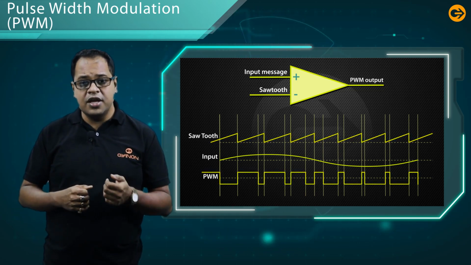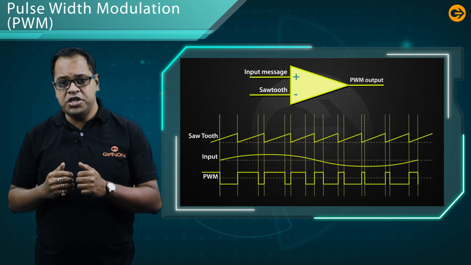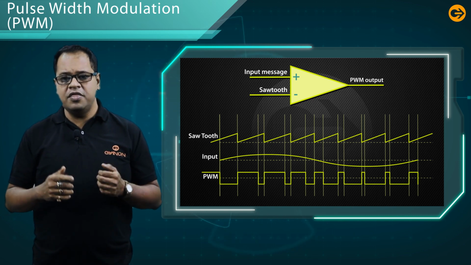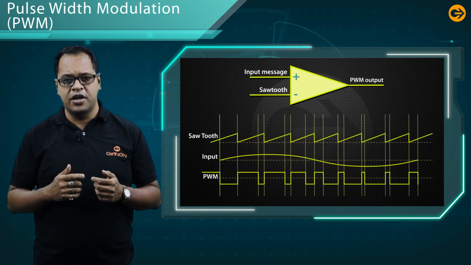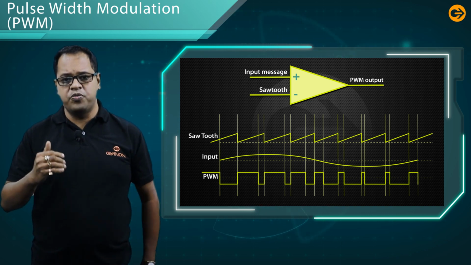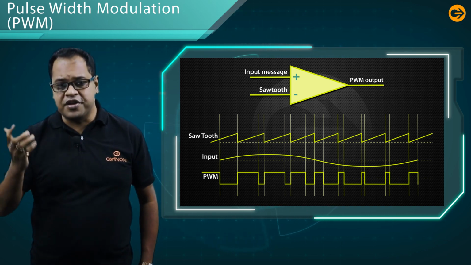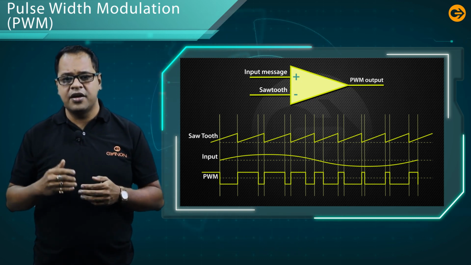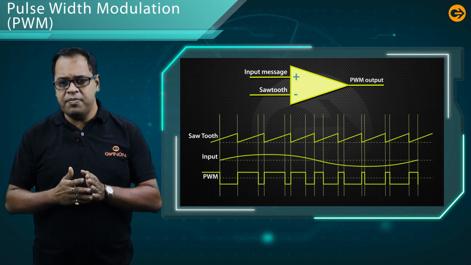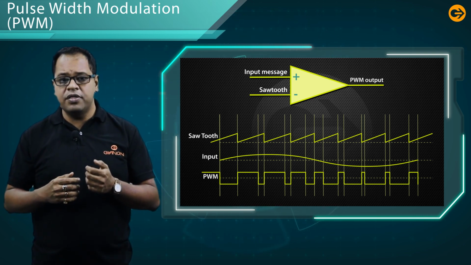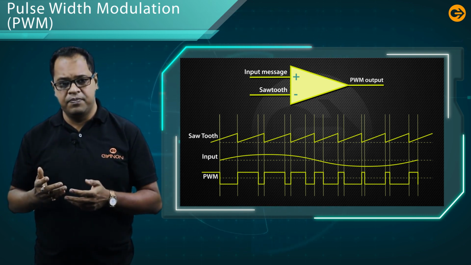When the sawtooth signal is at minimum value, which is less than the minimum of the input signal, then the positive input of the comparator is at high potential, which gives the comparator output as positive. When the sawtooth signal rises and is at maximum value, the negative input of the comparator is at higher potential, which will produce the comparator output to be negative.